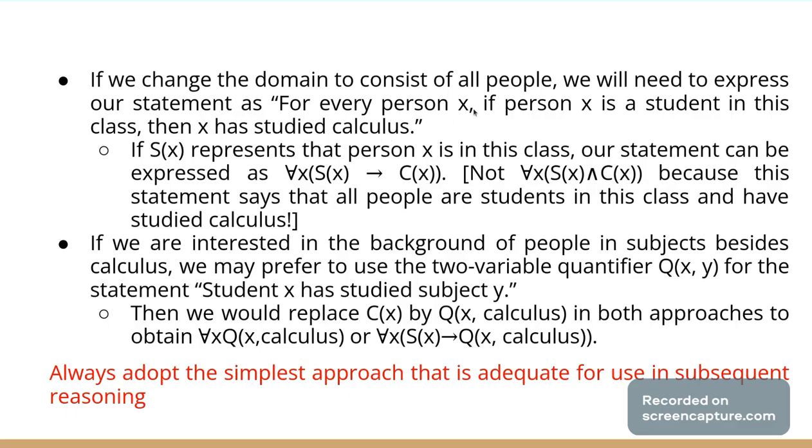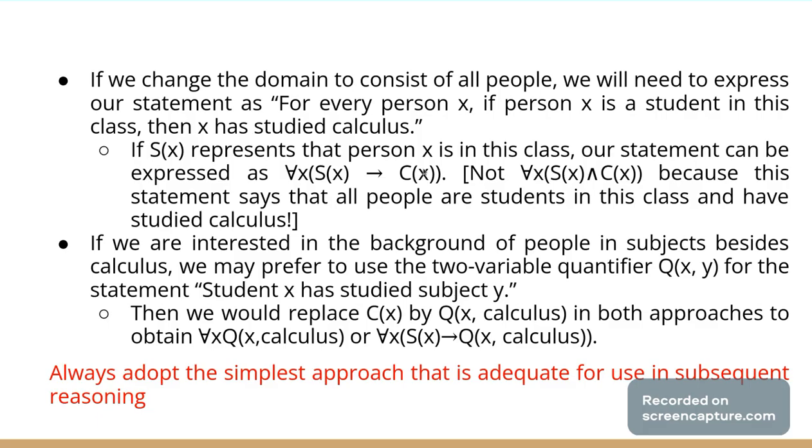So now the statement becomes for all x, S of x implies C of x, where S of x is x is a student in the class, and C of x is x has studied calculus, where the domain is all people. Not just the students in the class, all people.